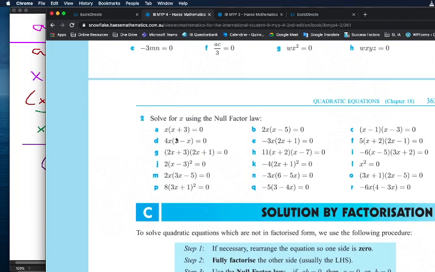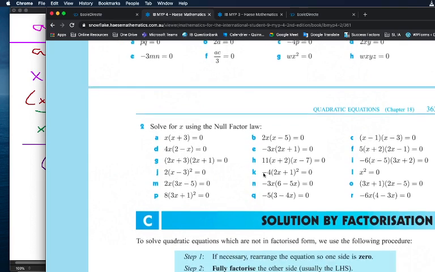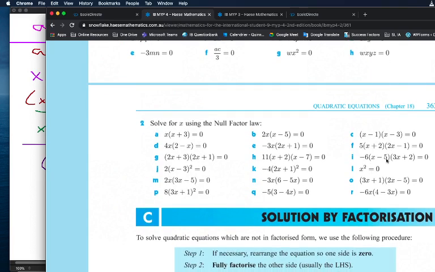Well, in the first ones here, you can see that they're factored, so you can use the null factor rule. So x is equal to 0, or x has to equal negative 3 to make this piece 0. And you can try every bracket and solve them using the null factor rule. Okay? So these ones have already been factored.